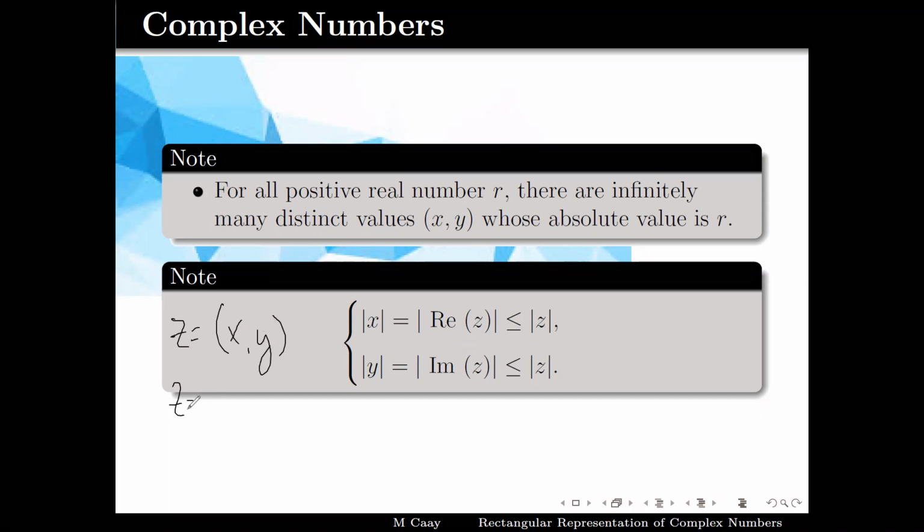So we can write z equals x plus iy, which means that, because x and y are real numbers, the absolute value of x is the same as the absolute value of the real part of z. Technically, this is less than or equal to the modulus of z. And the absolute value of y, which is the imaginary part of z, is also less than or equal to the modulus of z.